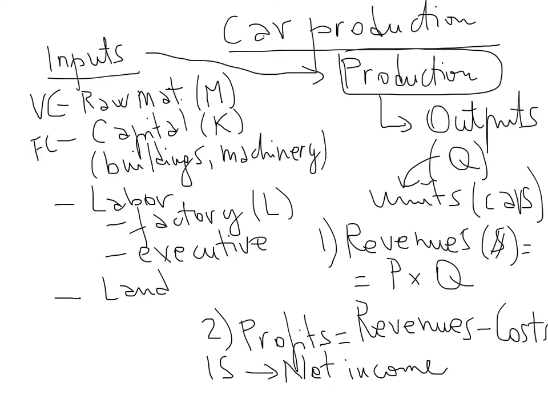Later, if the company grows, then we have an increase in the fixed cost. We buy more machinery, more buildings, we extend. Factory labor is usually considered a variable cost, because the more we produce, the more people we have to hire to produce. And executive labor, again for a specific level of production, is considered a fixed cost, because for this level of growth we have hired so many executive people.